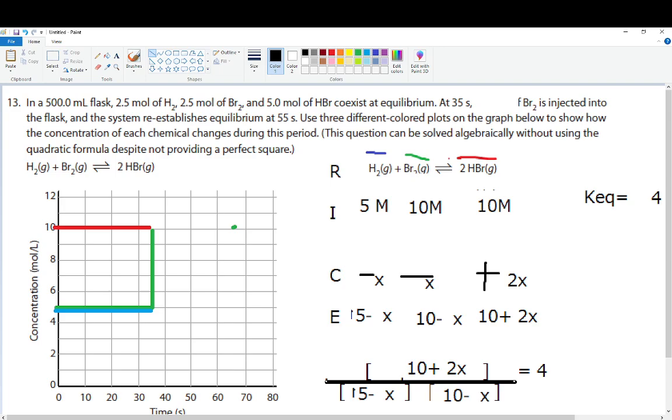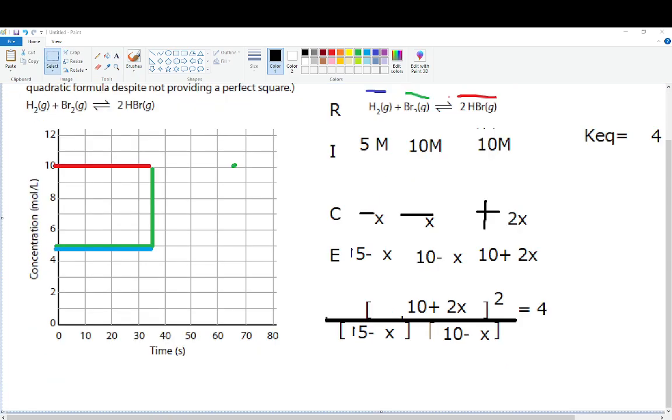So let's see how we do it. Oh, yes, of course. I forgot one important thing right here. It's a square. It's a square because the product has a coefficient of 2. The reason it can be solved without the quadratic is because there's going to be cancellations.